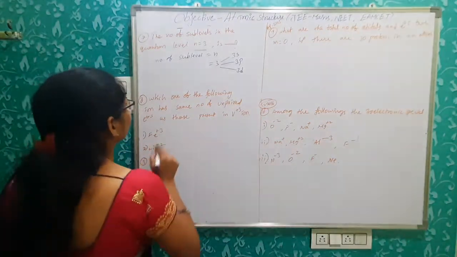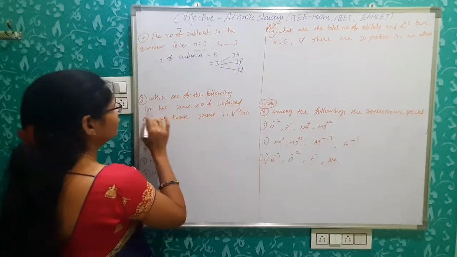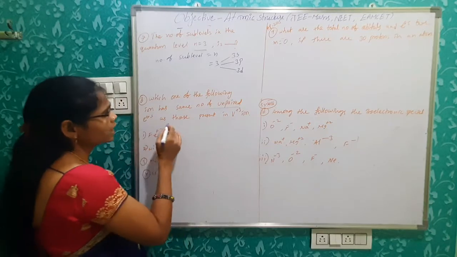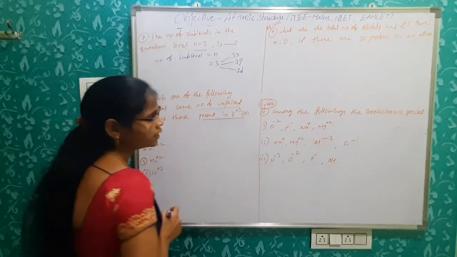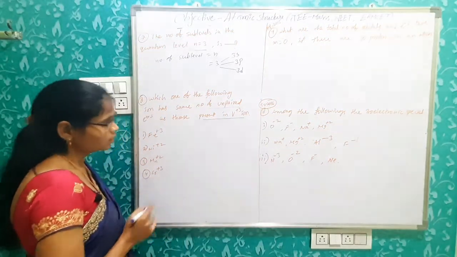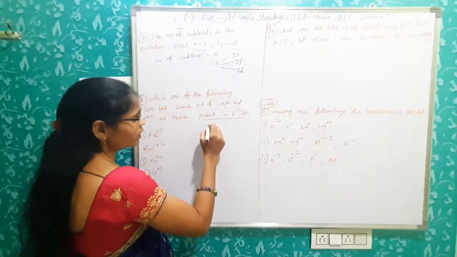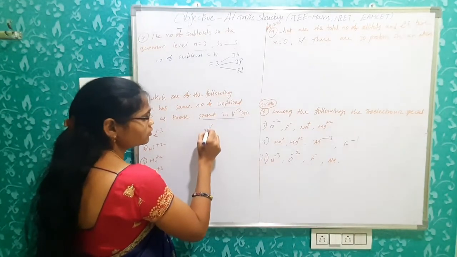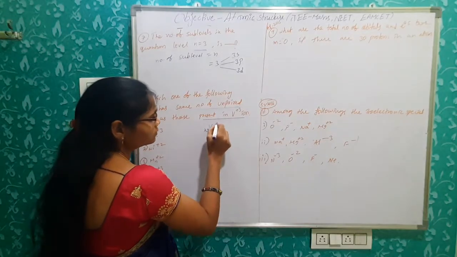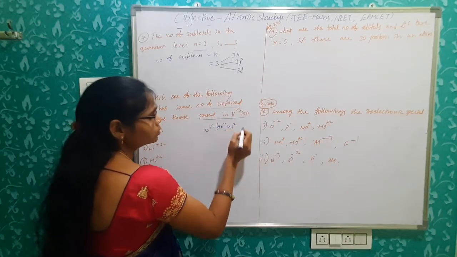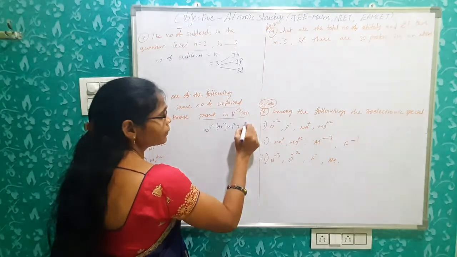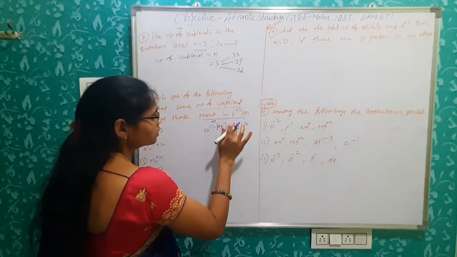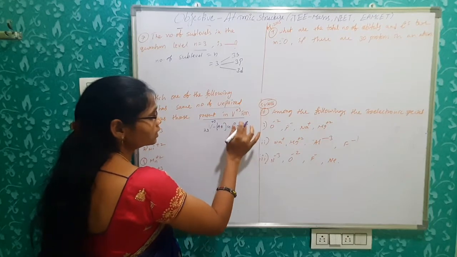Clear? The next. Which one of the following ions has the same number of unpaired electrons as those present in vanadium plus 3 ion? First of all you have to write the vanadium plus 3 electronic configuration. Vanadium is 23, argon 4s2 3d3. By loss of 3 electrons, it is 4s0 3d2.